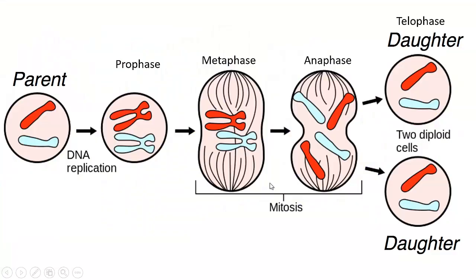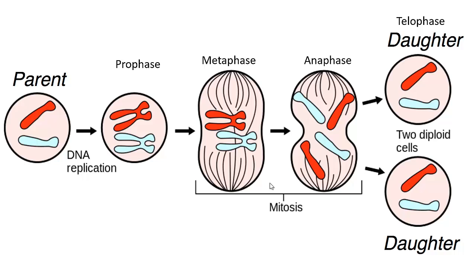What is mitosis? Mitosis is the duplication of the cells. The parent cell is a diploid cell with one chromosome each from the parent, and during mitosis the number of chromosomes doubles. There is a duplication of the chromosomes, and this phase is called the prophase.